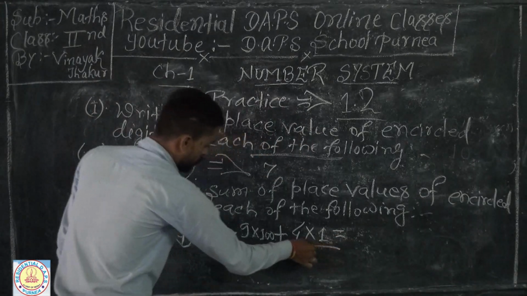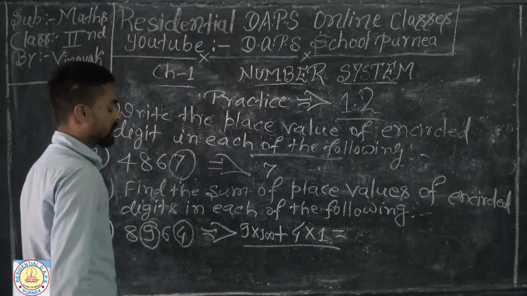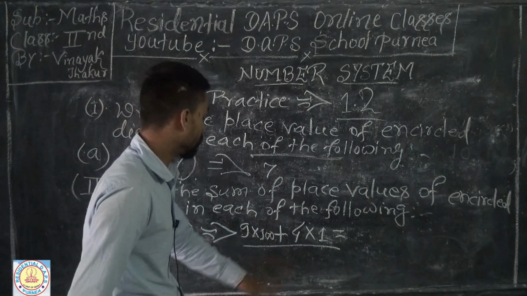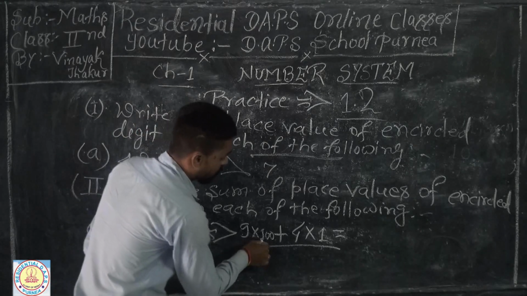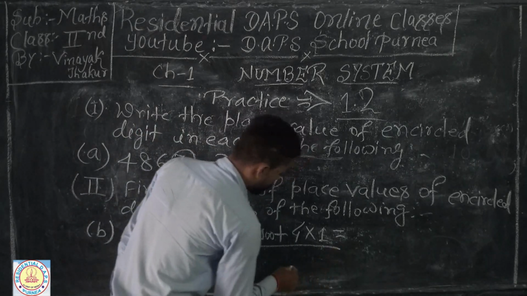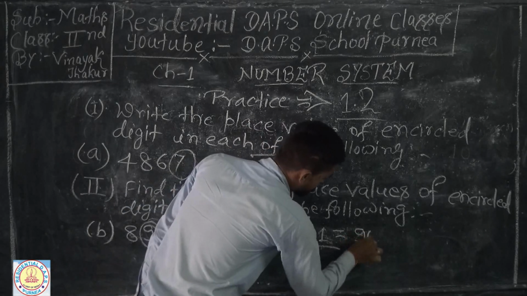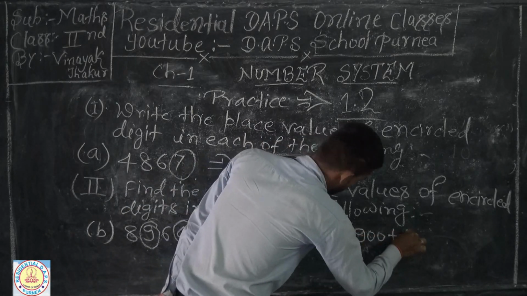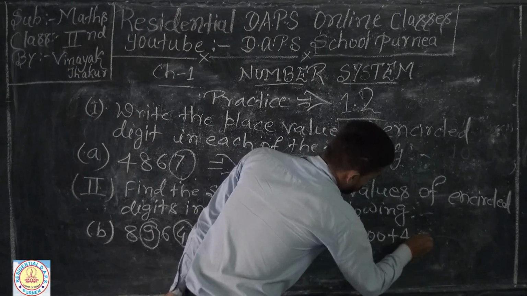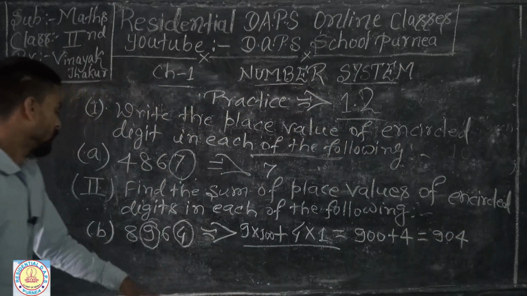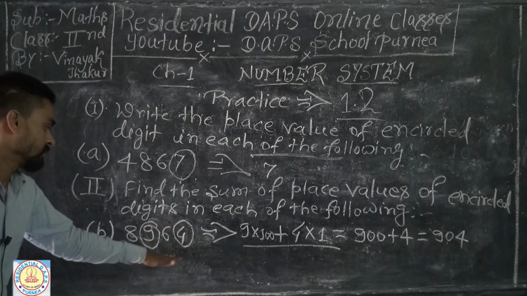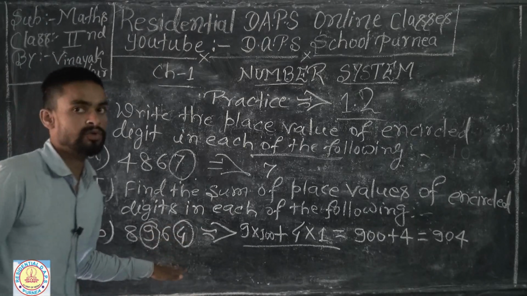If you do the sum of that expanded form, you get 9 into 100, which is 900. It means 900 plus 4, which is 904. This is the sum of those place values.